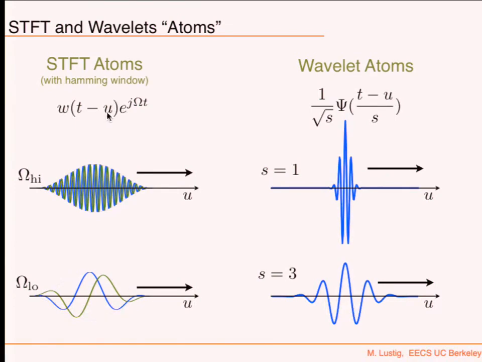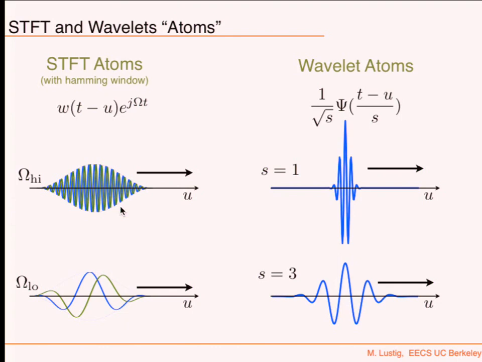And then because of the u's, we shift it around, and we try to build our signal decomposition by basically a linear combination of different shifted versions of this, with shifted versions of other frequencies. So this is one atom. A shifted version of it would be another atom. Another shifted version would be another atom.